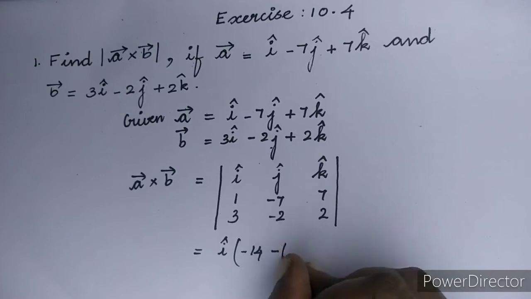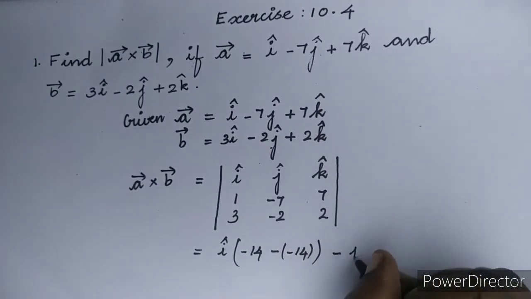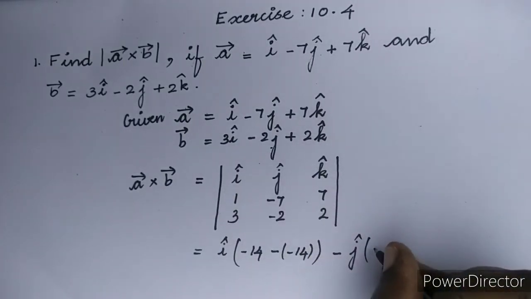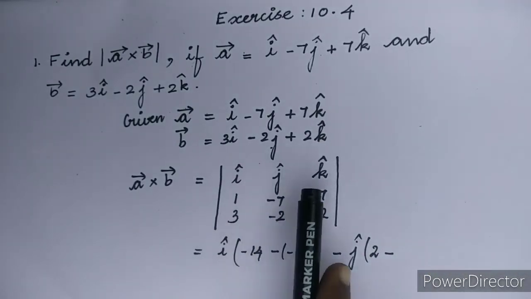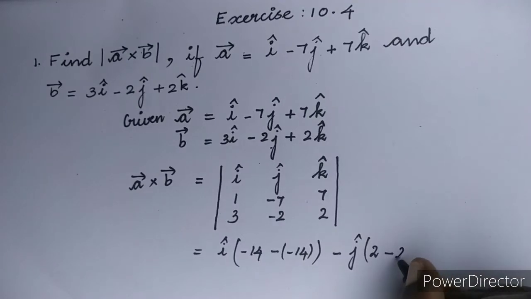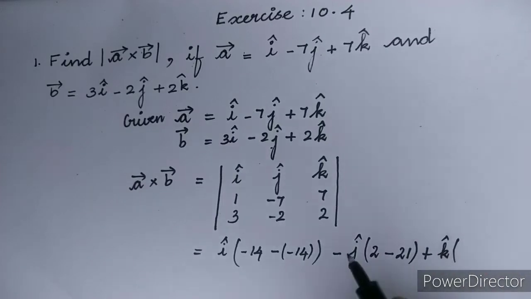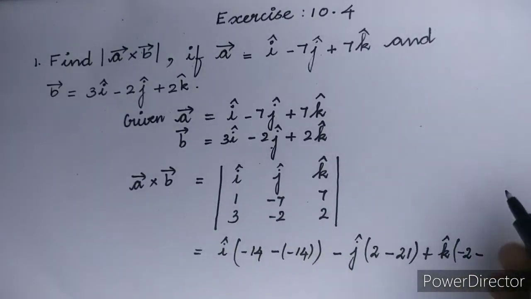It is minus 14, minus j cap into 1 into 2 is 2 minus 3 into 7 is 21, plus k cap into 1 into minus 2 is minus 2 minus 3 into minus 7 is minus 21. So, minus 21.